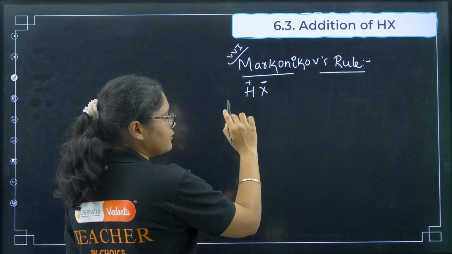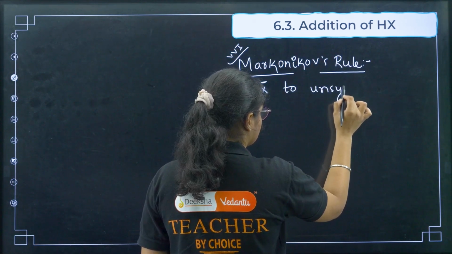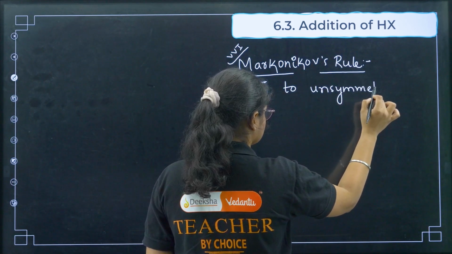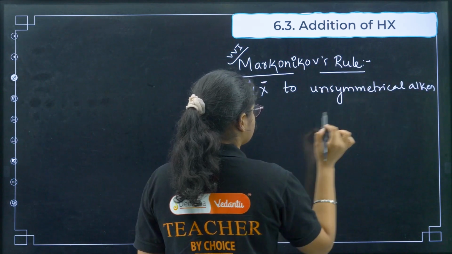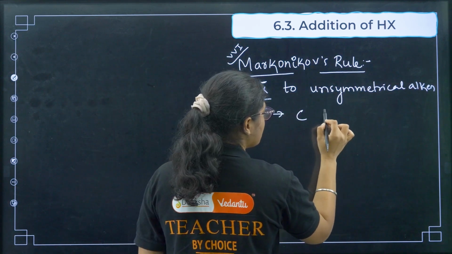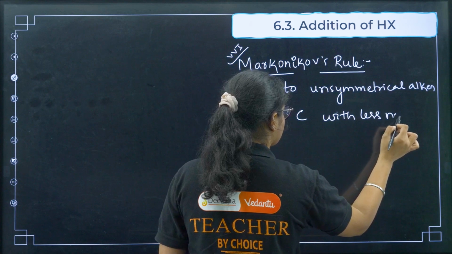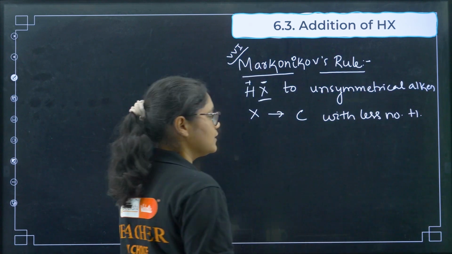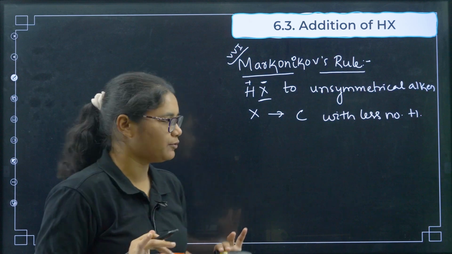When you add HX to unsymmetrical alkenes, X, the negative part, will attach to the carbon with less hydrogen. Understood? This statement may be a little confusing, but I'll give you an example.